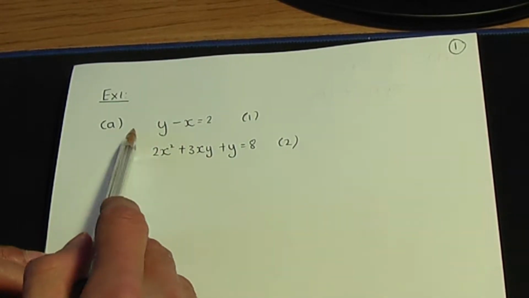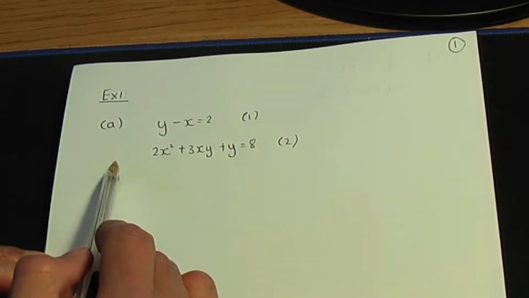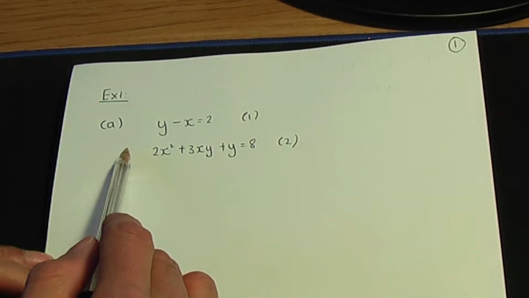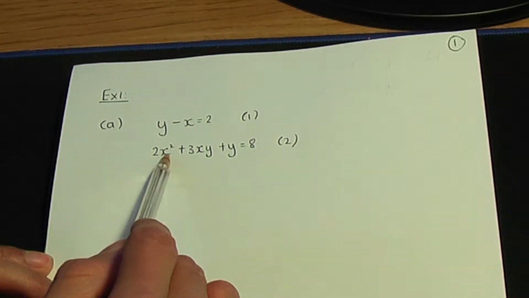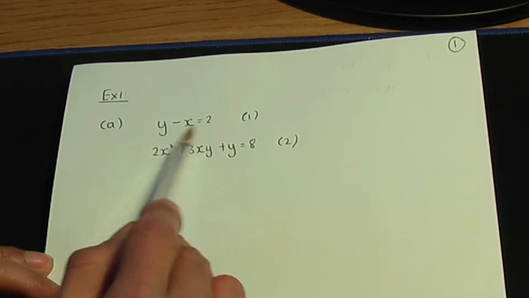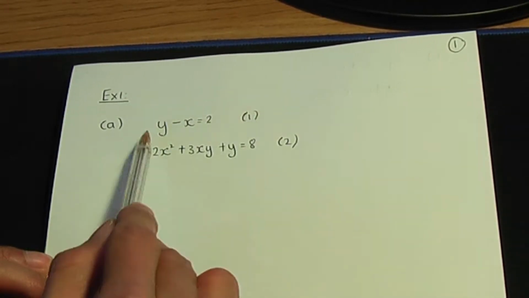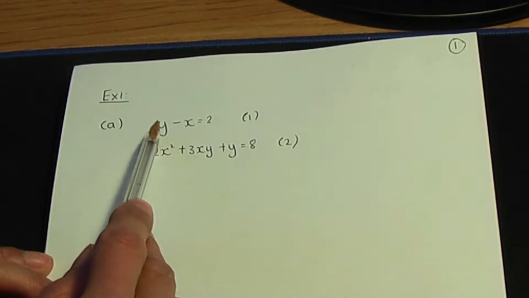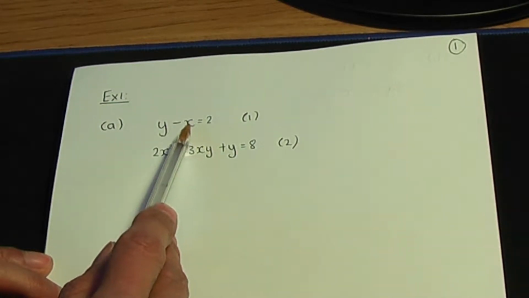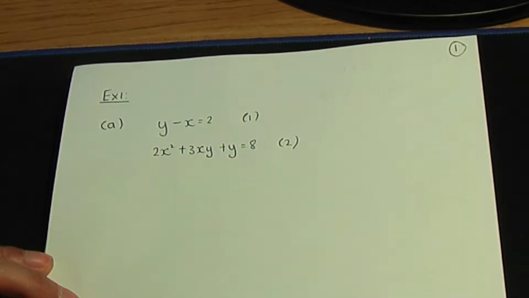And if one of your equations is linear, so linear means the powers of the terms are 1, and the other equation has a power other than 1, most commonly a quadratic, what I would say is take the linear equation, the equation where the powers of the terms are 1, and it's entirely up to you, you can rearrange for y in terms of x, or you can rearrange for x in terms of y, depending on which unknown you want to calculate first.